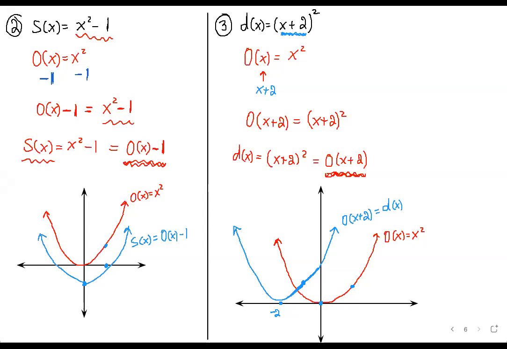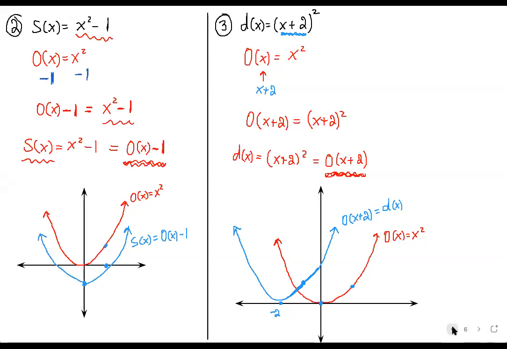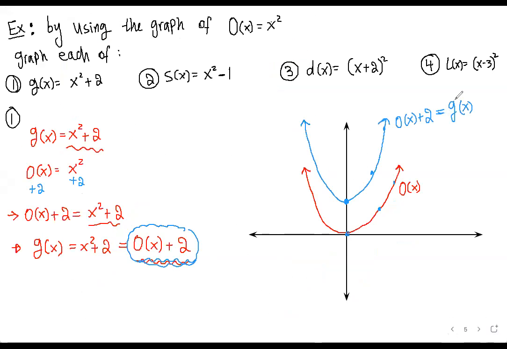Okay, now the fourth, number 4. Same idea. Number 4 is L of x equal (x minus 3) squared. Again, for my original function I will use the same step: O of x equal x squared.